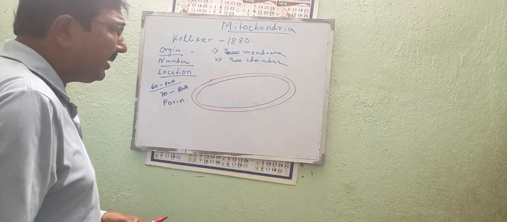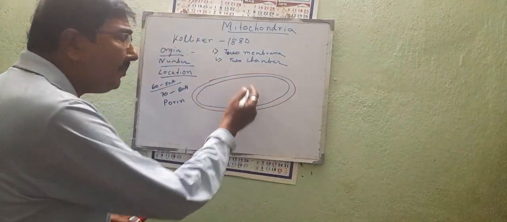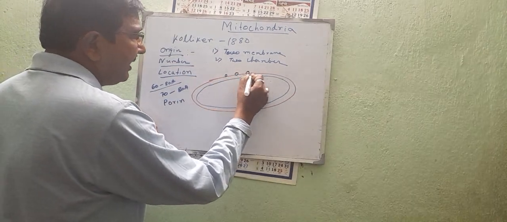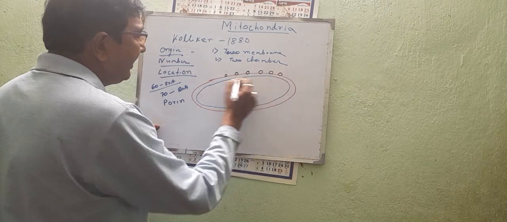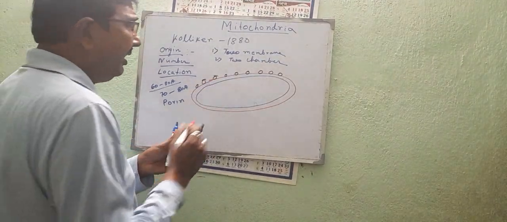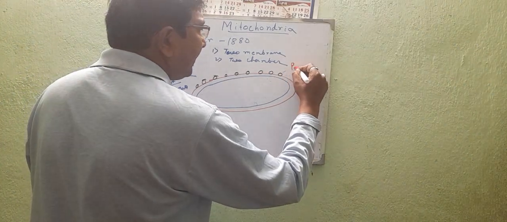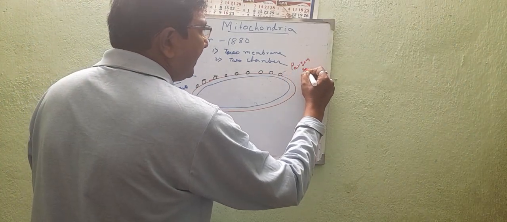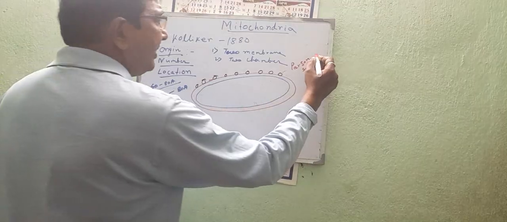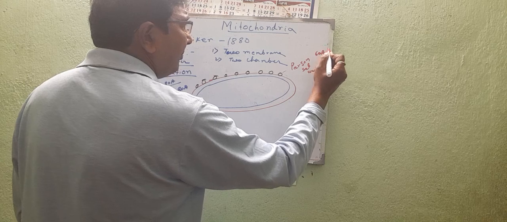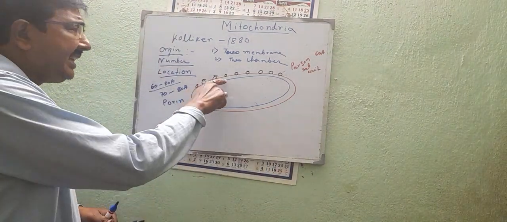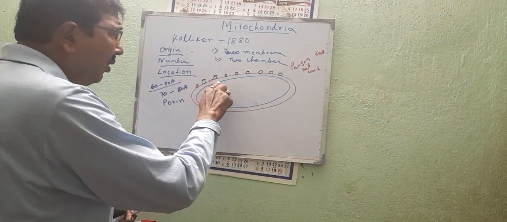And the outer side of the outer membrane contains some round structures. They are called Parson subunits. Their diameter is 60 Angstrom.